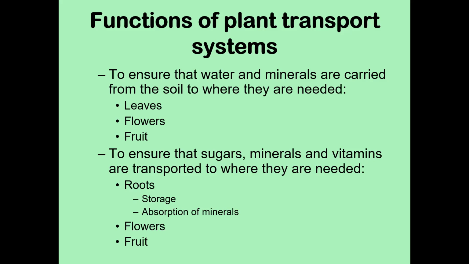So from the leaves to the roots, where they're stored, and in fact, they need the energy in the roots to be able to absorb the minerals, and water just comes in passively, so there's no issue there. And of course, the flowers need all the nutrients that they can get, and with the fruit, nothing will happen if you can't access it.